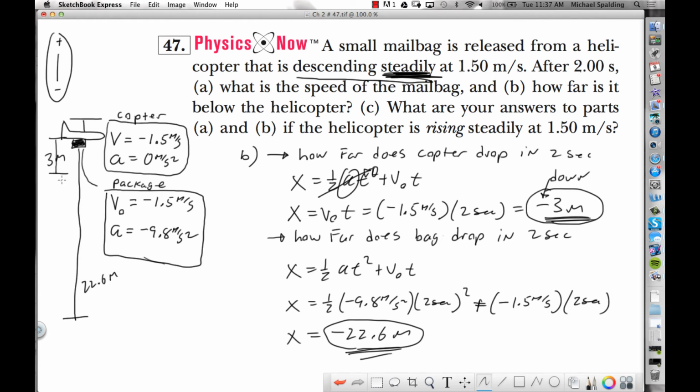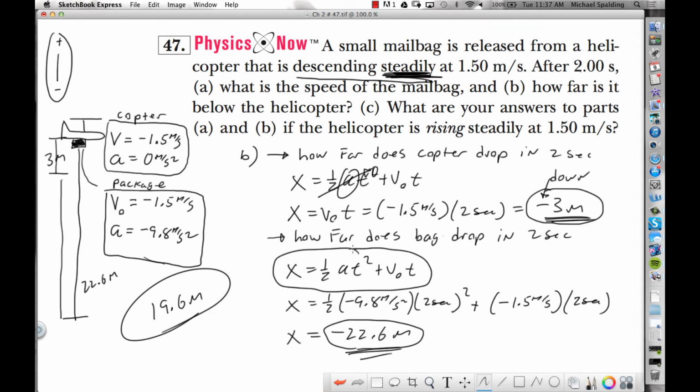So how far apart are they going to be? The difference between those, 19.6 meters. Oh, no, that's a plus. Sorry, I messed up. That should be just a plus. I was just plugging into this equation right here.